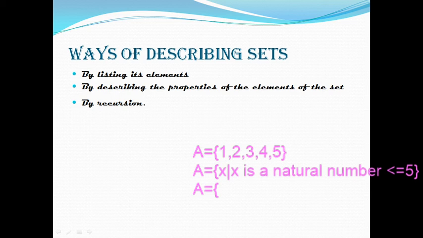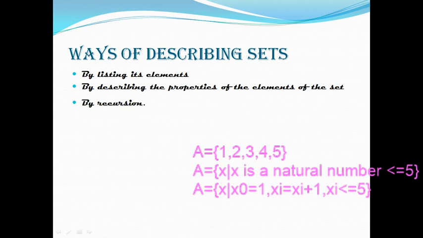That is, we are defining X such that X0 is equal to 1, Xi is equal to Xi plus 1, for Xi less than or equal to 5. That is correct. Okay, here we are defining recursively.